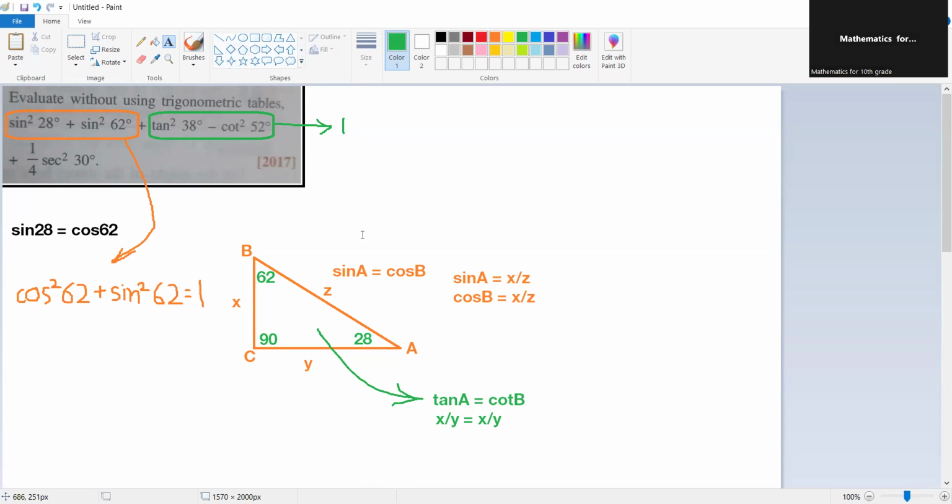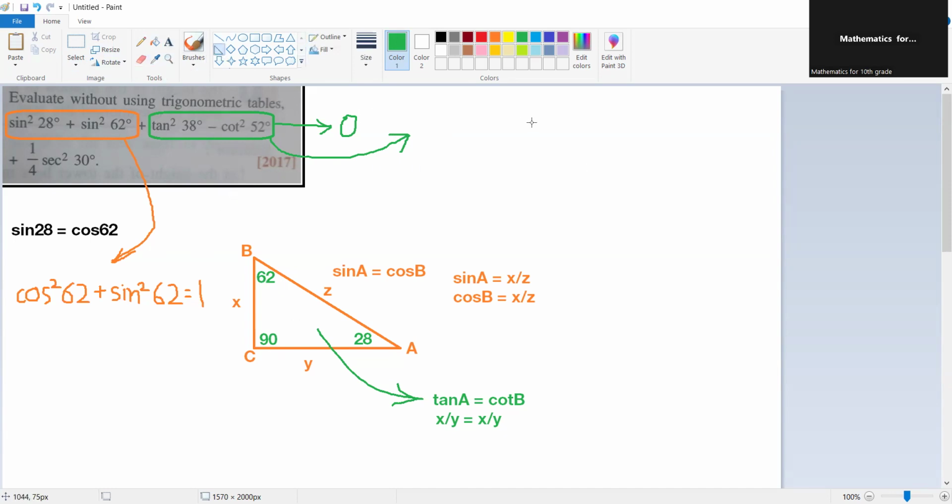So it's not tan square plus cot square, it is tan square minus cot square. So what do we do? So this one becomes, because tan 38 is equal to cot 52.